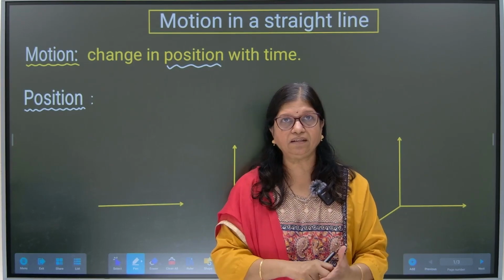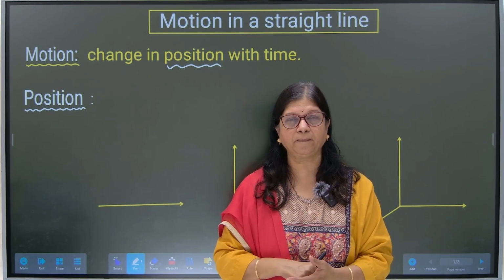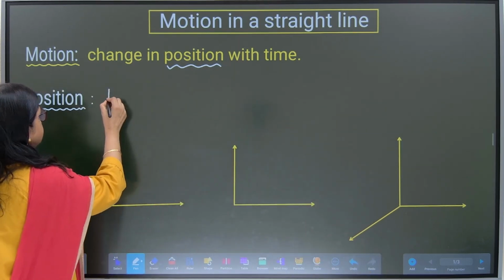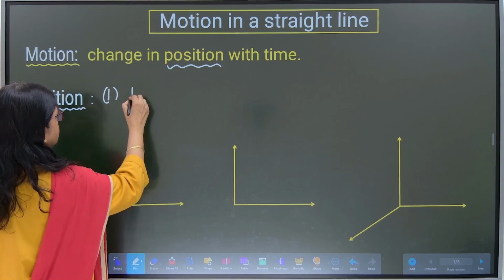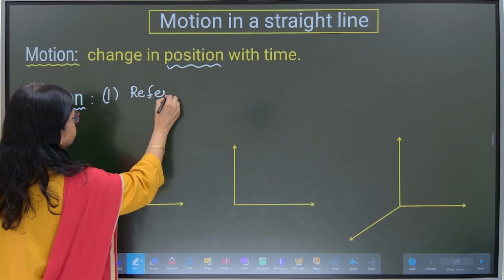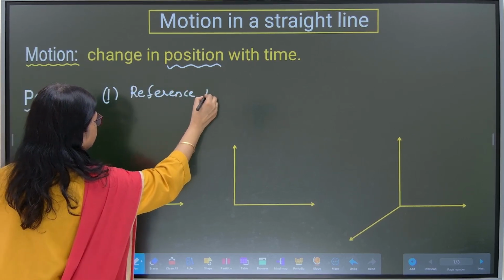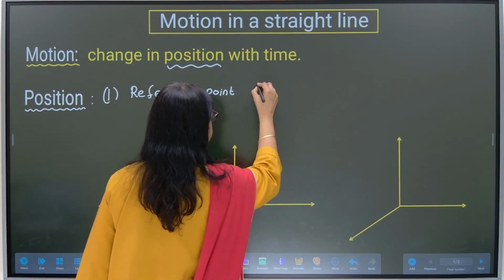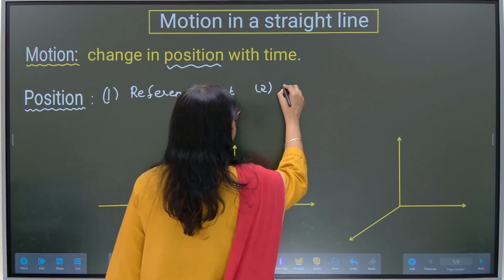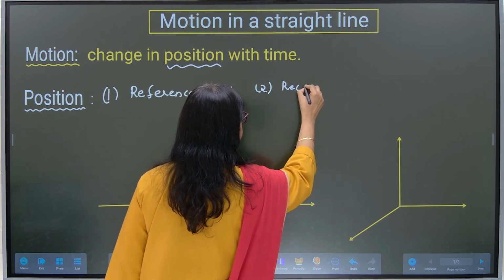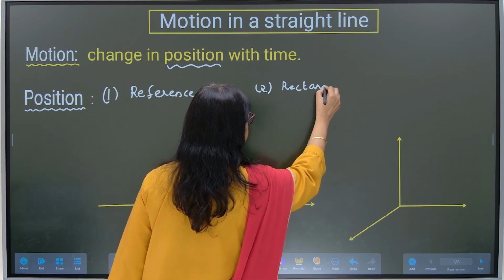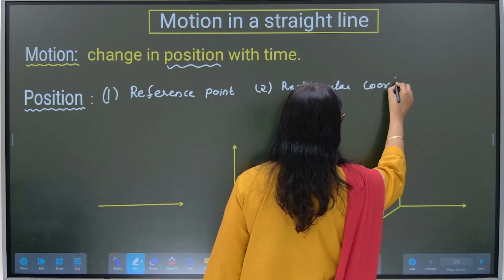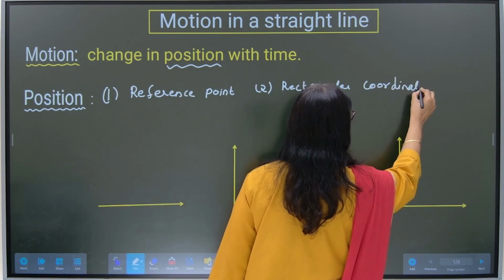To write down the position of a body, the first thing I require is the reference point, and the next is a rectangular coordinate system.